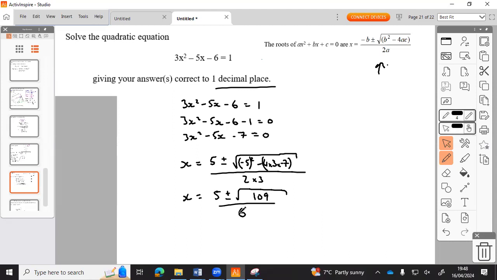You need to get the -7. So you get marks for substituting a, b, and c into that equation. You get 1 mark for rearranging. You get a second mark for putting it into that equation. You get a mark for knowing that's 109.